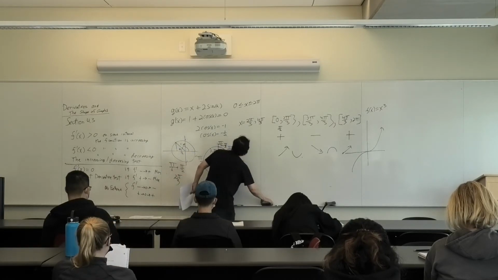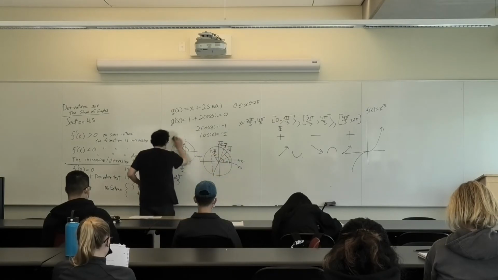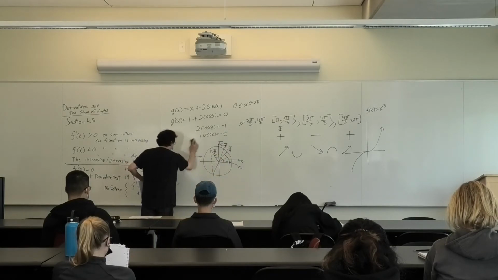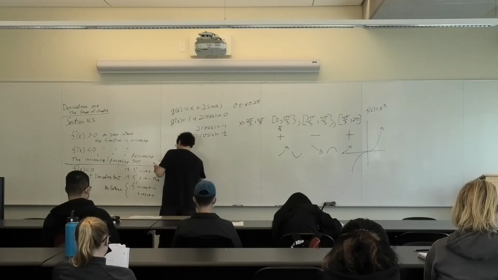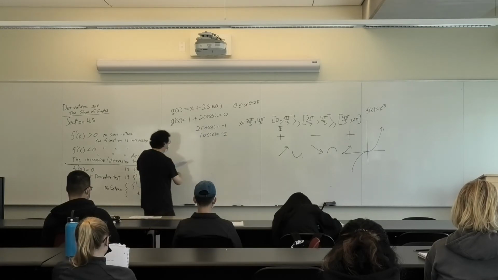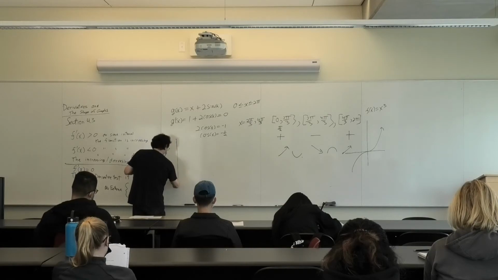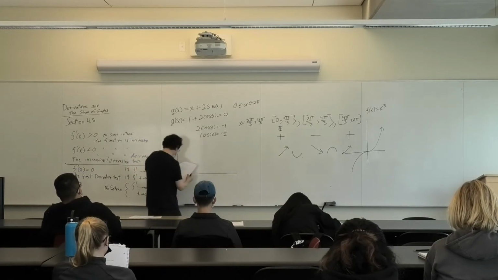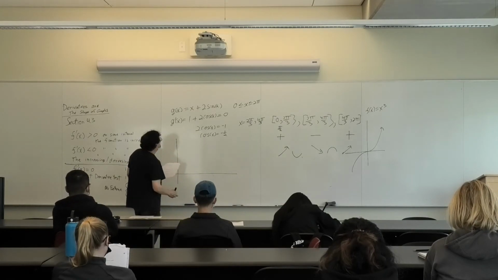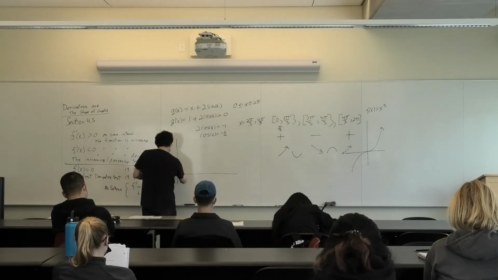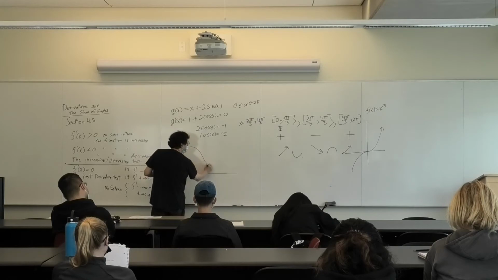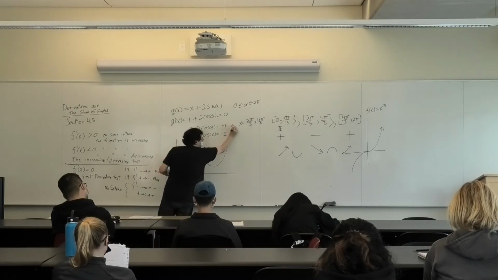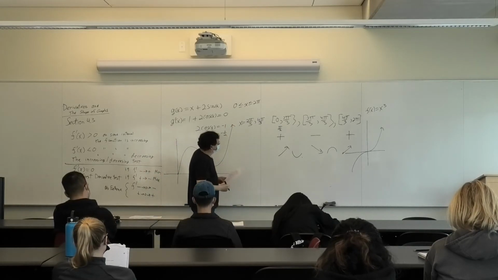I'm going to have to erase some of this. Now, we're not going through the whole process here, but this function is kind of going to look like this. So I did something wrong.